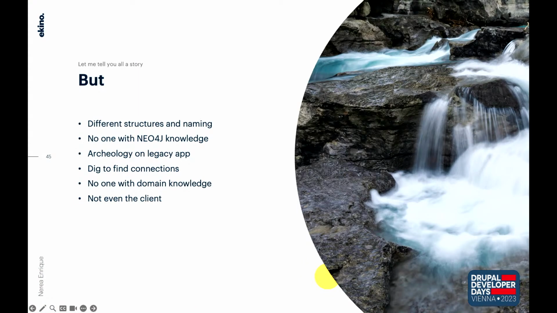The way that the resources were named was so much different from what the clients used as words to speak with us to explain its domain, that it was really difficult to find out what he's talking about in the application and the database.